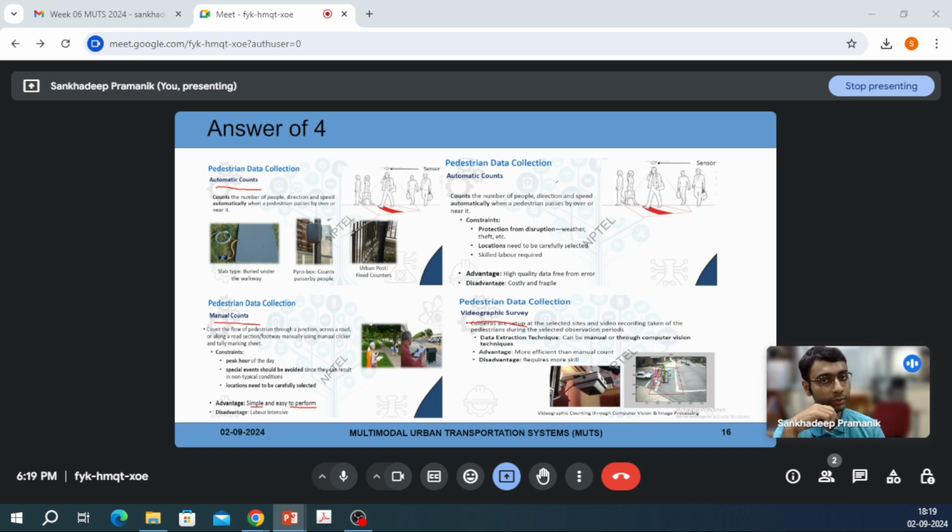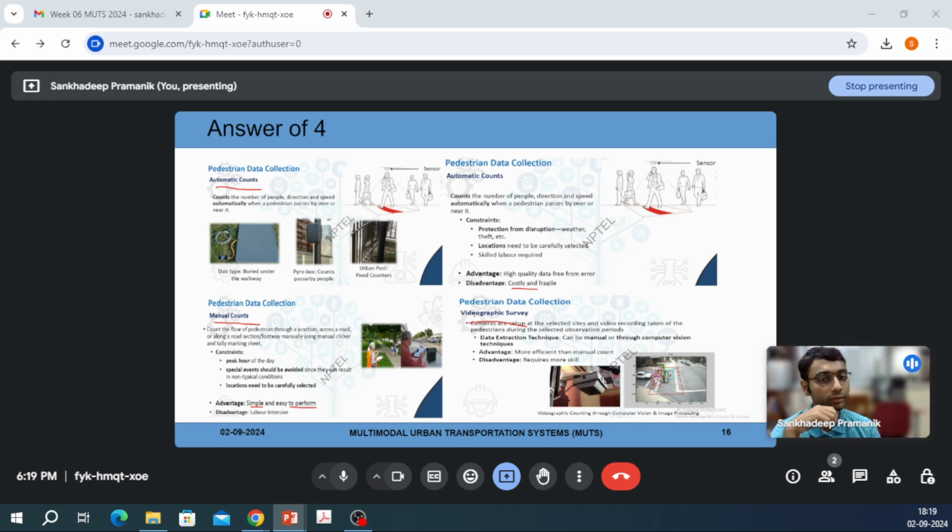And for automatic counts, the advantage is high quality data and it may be free from error, but sometimes it is very costly, and the device is also very fragile, and there may be instances that the device may be stolen. So for a longer duration of data collection, that is one of the disadvantage. And it is very costly sometimes.